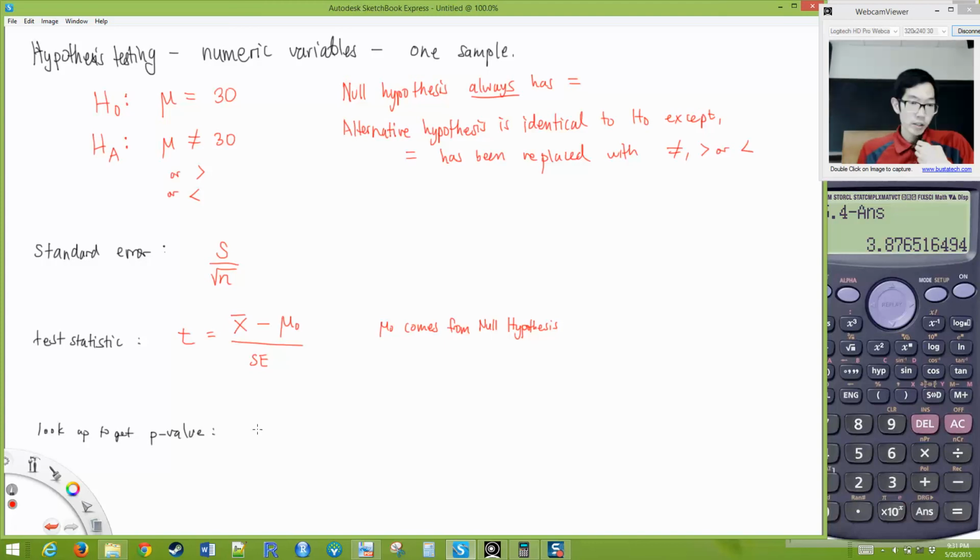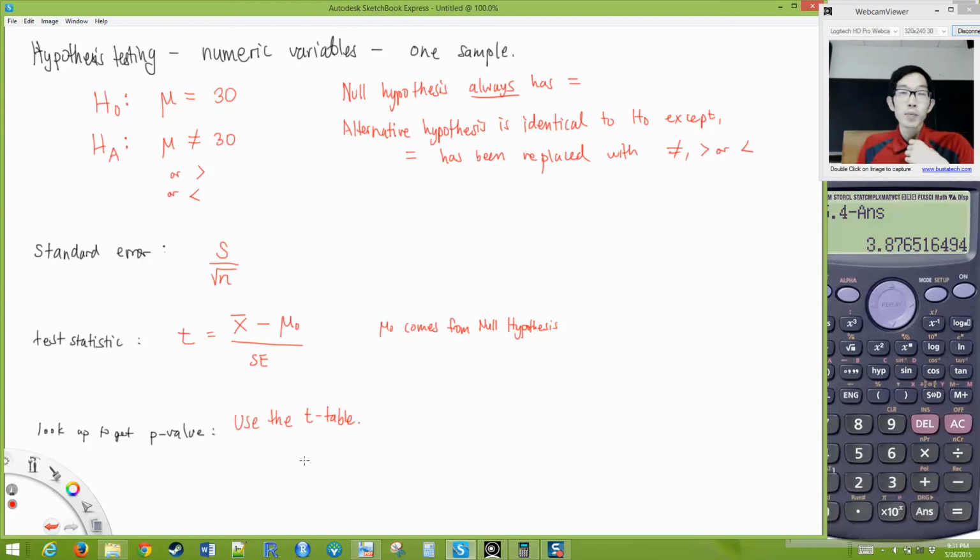Okay, so once we have, please focus. So now we look up to get the p-value. What table do we use? Okay, use the t-table. Do we remember how to use the t-table to get p-values for the hypothesis tests?